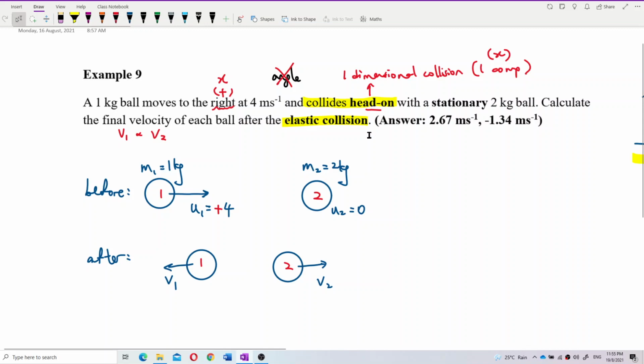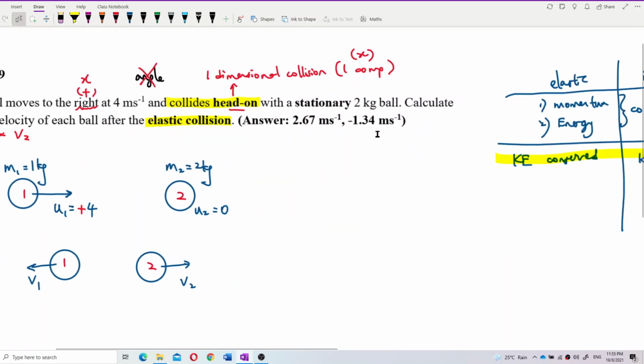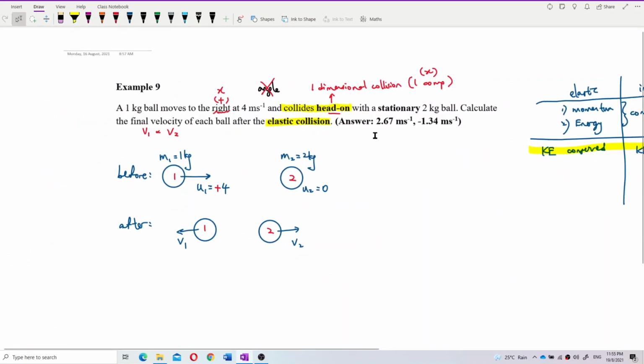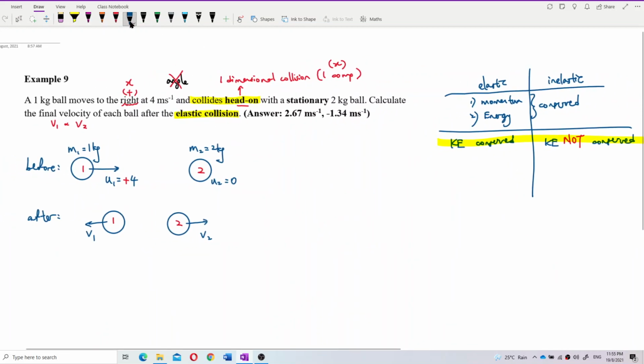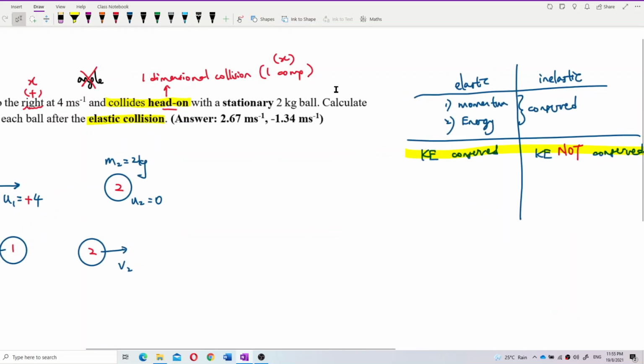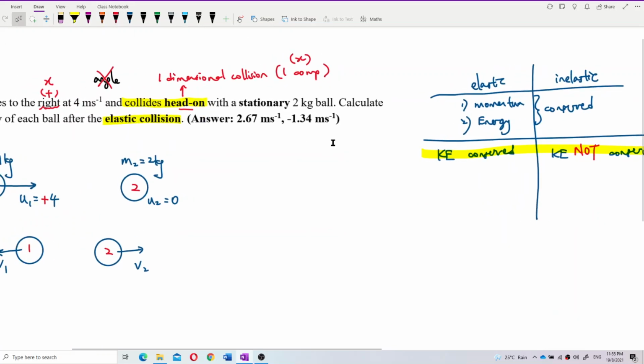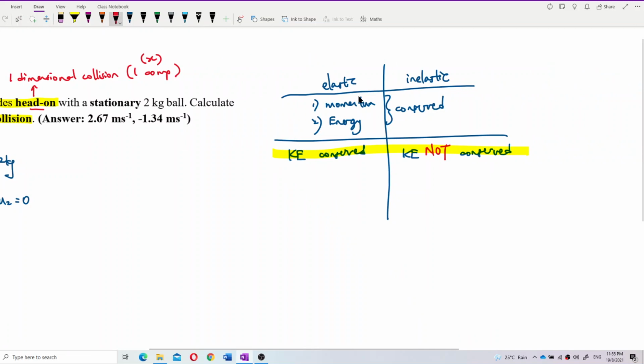One thing we can say about elastic collision is we can use two formulas. For elastic collision, we can use conservation of momentum, and we also can use conservation of kinetic energy. Whereas for inelastic, we can only use momentum, you cannot use kinetic energy because kinetic energy is not conserved.